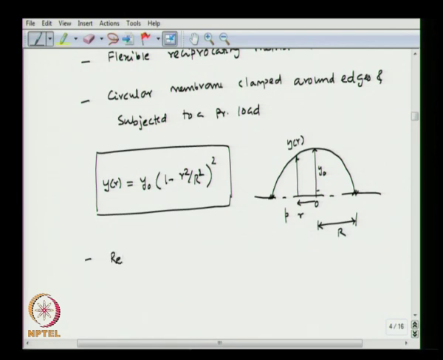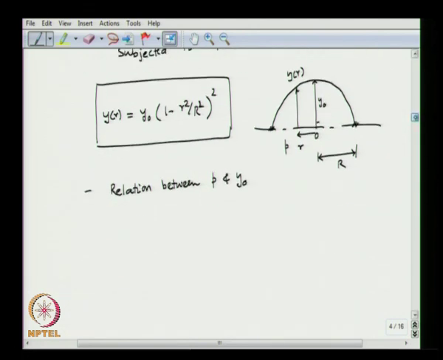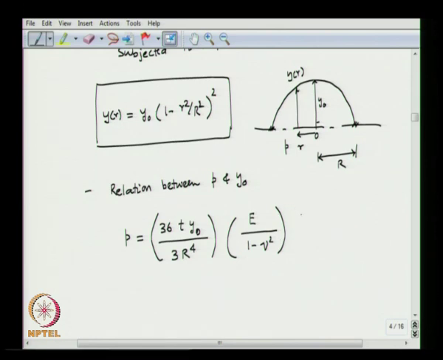So, the relation between pressure and y0 has been analytically derived as P equals 36 T, where T is the membrane thickness, into central deflection y0, divided by 3 R to the power 4, into E, where E is the Young's modulus of the membrane material, divided by 1 minus nu square, nu being the Poisson's ratio, into T square plus 16 by 35 into y0 square.